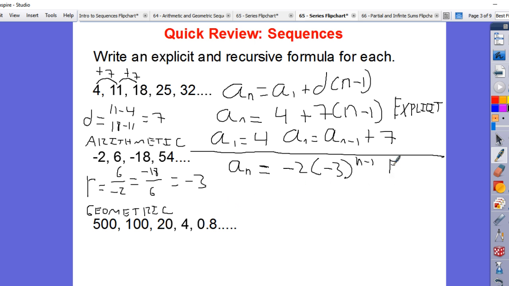So explicit means you can plug in n, your term number, into the equation and get what the term is. Recursive means you write a term in terms of a previous term. So, an is equal to negative 2 times negative 3 to the n minus 1. For recursive, we have a1 is equal to negative 2, and an is equal to an minus 1 times negative 3. Each term is equal to the previous term times negative 3.